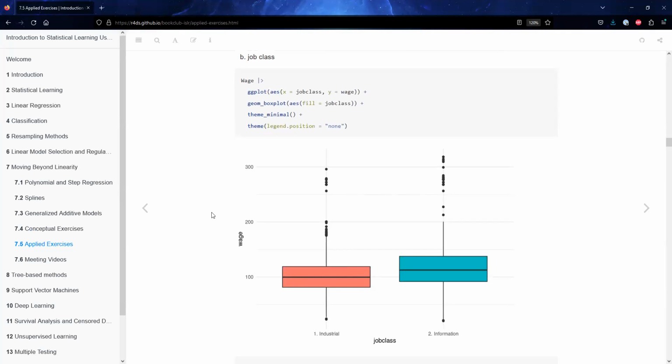For another categorical variable, there was one called job class, which apparently split up all the jobs into 2 labels, industrial or information. And for when this data set was assembled, which I believe was 30 years ago, maybe 20, the box plots imply that the median wage for information sector jobs was higher than industrial sector jobs.